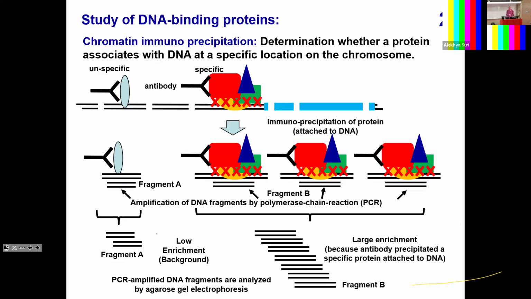Also, the chromatography method is to identify a protein that binds to the DNA. This method, chromatin immunoprecipitation, allows you to determine whether a protein complex or protein is bound to DNA in the cell. So this is in the living cell. So you want to memorize these principles.